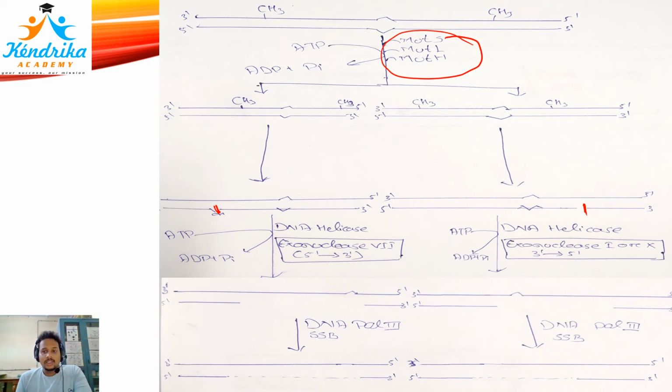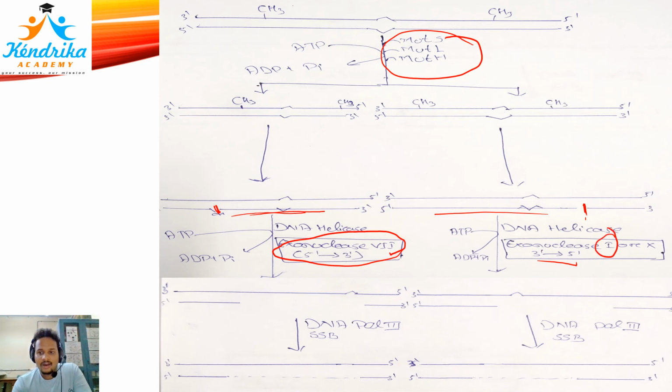Now different types of exonucleases are there. If the cut is on your 5' side, this part has to be removed, which means we need a 5' to 3' exonuclease. So the exonuclease is exonuclease VII. If there is a cut on your 3' side, this part of the DNA is removed by a 3' to 5' exonuclease. This exonuclease may be exonuclease 1 or exonuclease 10.